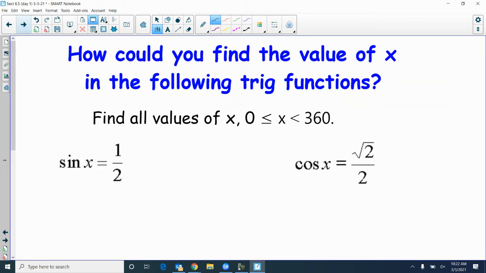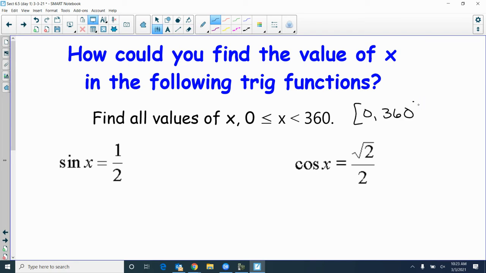You really gotta make sure you read the directions because they'll determine how you answer. Find all values of x where x is between 0 and 360. On your paper, it's worded slightly different and you have the interval listed.